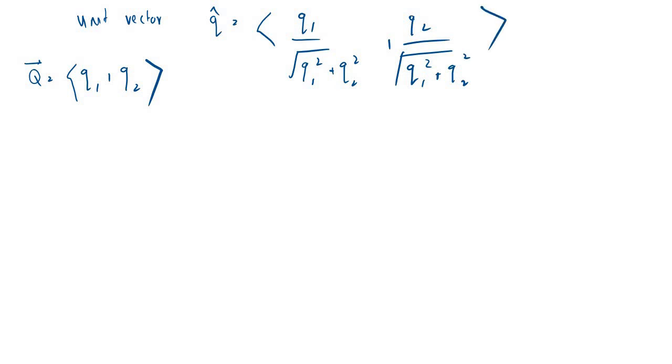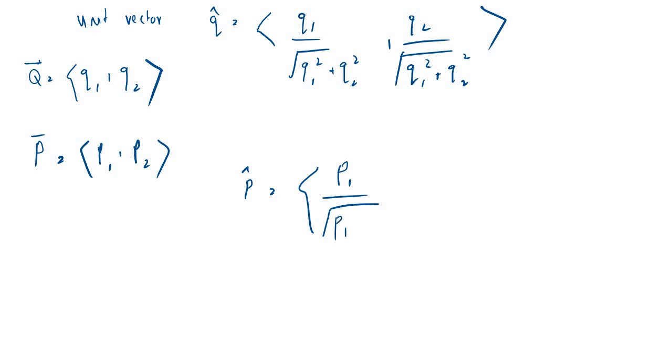That is the unit vector. Similarly, the unit vector of P would be P1 over the square root of P1 squared plus P2 squared, comma, P2 over the square root of P1 squared plus P2 squared. So that's the unit vector of P and Q.